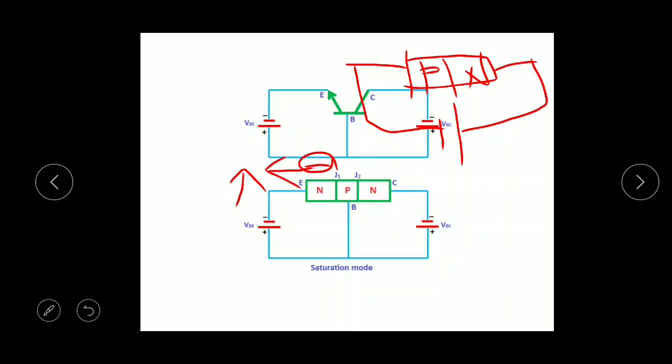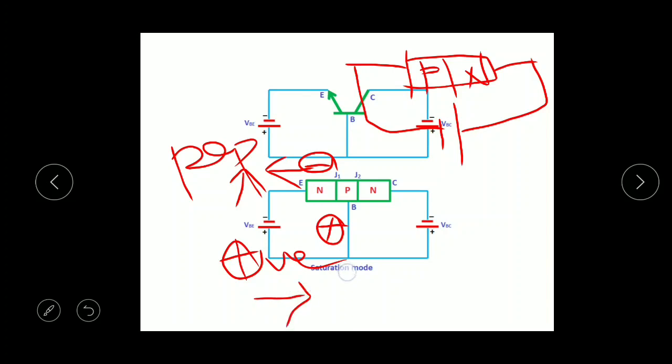Due to repulsion, it never attracts; it opposes the charge between them. Similarly at junction J1, the positive charge is applied to the base region P, which consists of positive holes, so both repel each other.